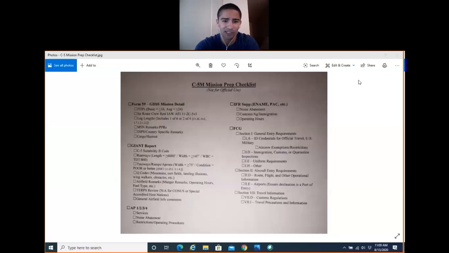And for the rest of the stuff, now that we have our pubs, I think people might start using the Giant, AP1, IFR Supp, and FCG just on their iPads and annotating there to accomplish this. But again, that's going to be a lot of technique. You guys can all read over this mission prep checklist.